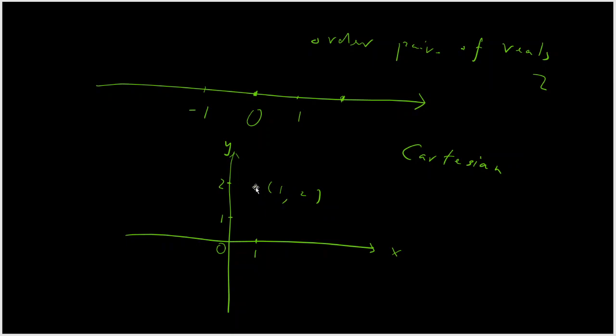(1, 2) is here. The point with x coordinate of 1 and y coordinate of 2 is here, right? And the point (2, 1) is at a different location. (2, 1) is here. You have seen this all the time. Basically, we are going to generalize this to higher dimension. We are going to talk about three-dimensional space, 3-space, very shortly.